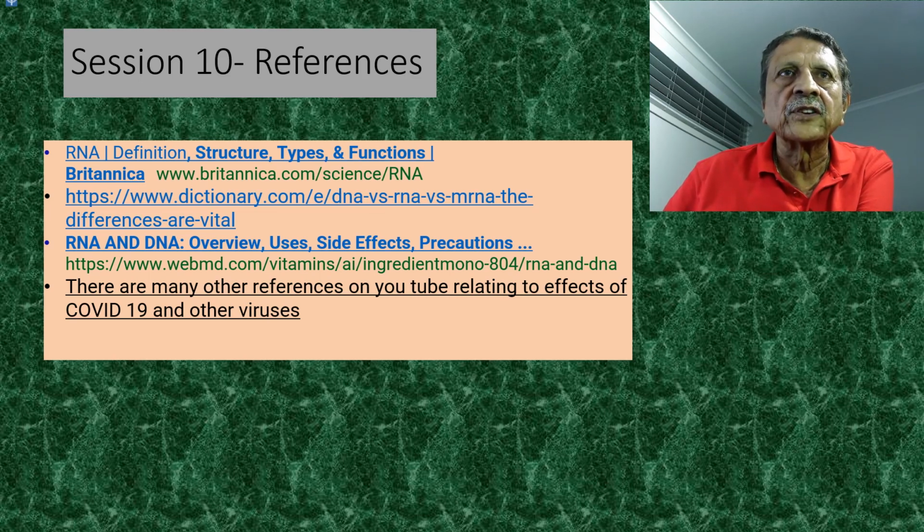And if you look into effect of ozone on viruses, you will find quite a number of articles which will establish that ozone is extremely effective to control the virus infection. Yet nobody is using it. And the answer is obvious.